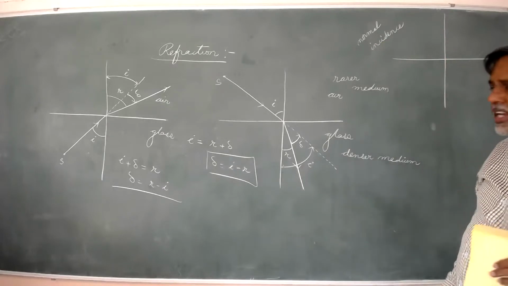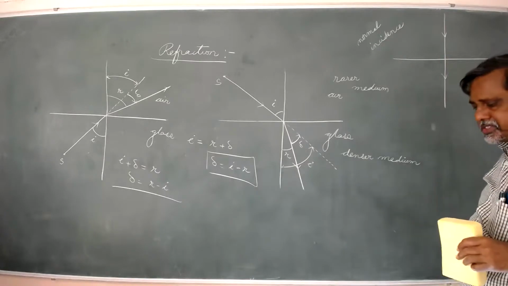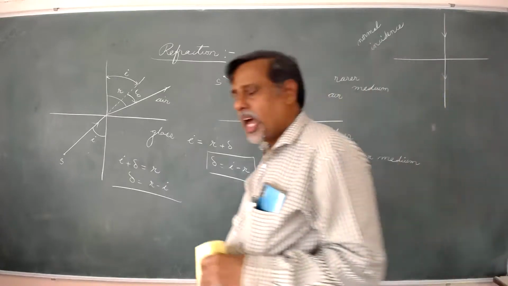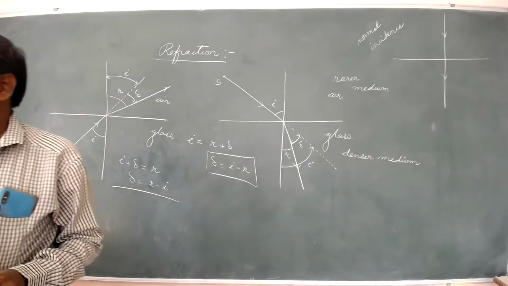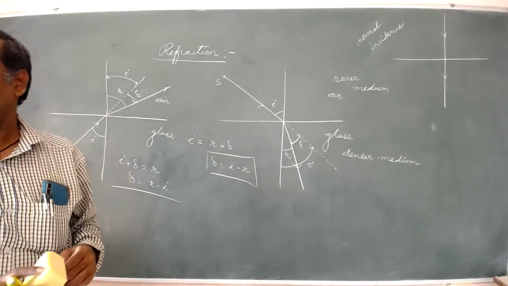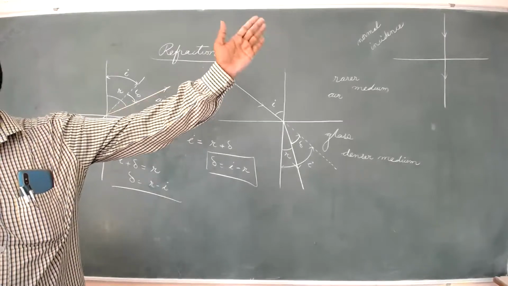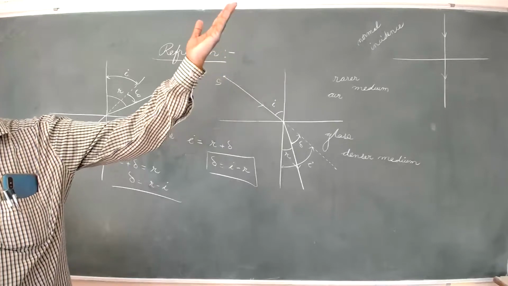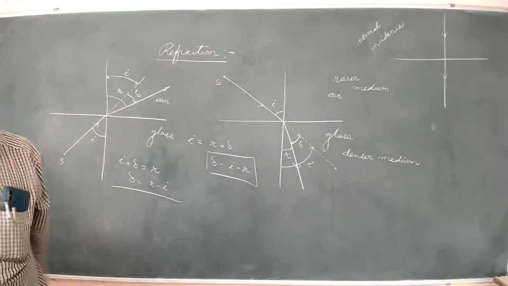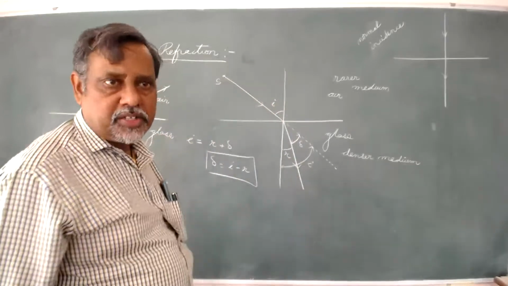In this direction, the light ray is passing. What happens? There will be no deviation. The light ray never shows any deviation. So what do you say about the angle of incidence? What do you say about the angle of refraction? What do you say about the angle of deviation? So that is the third situation.